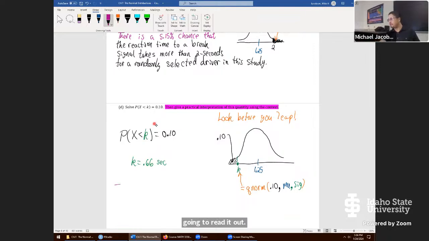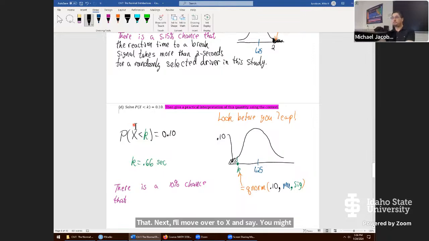So it might read, there is a 10% chance that, next I'll move over to X and say, you might say a randomly selected driver from the study or just the driver.